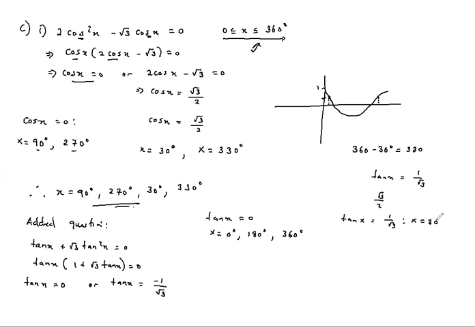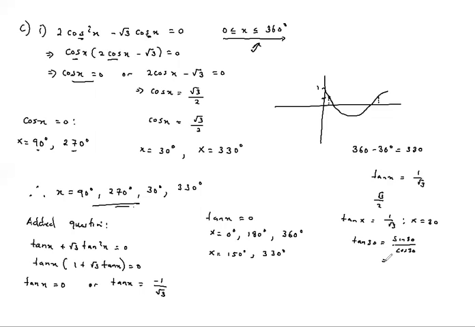But what is 30 in the second quadrant? You say 180 minus 30, which is 150. In the fourth quadrant it is 360 minus 30. That's how you obtain your angles. Because when you say tan 30, this will be sine 30 over cos 30.